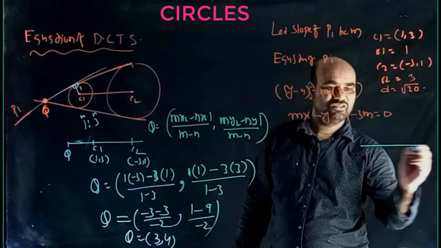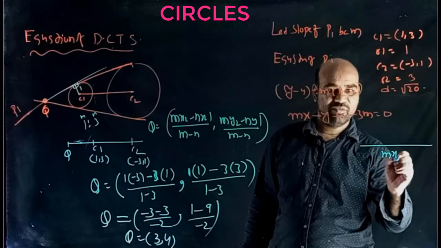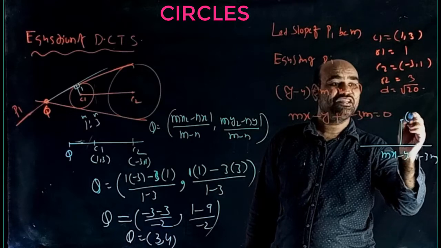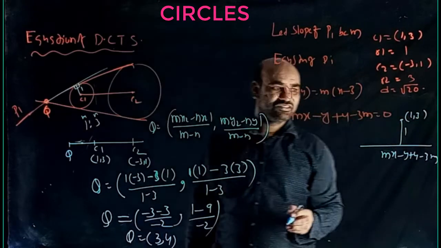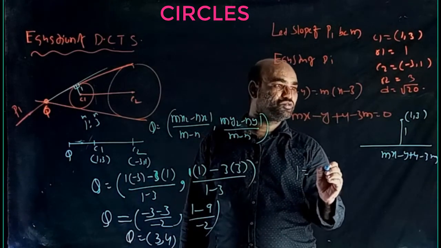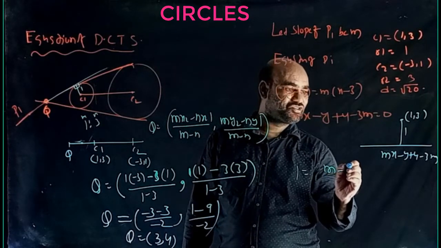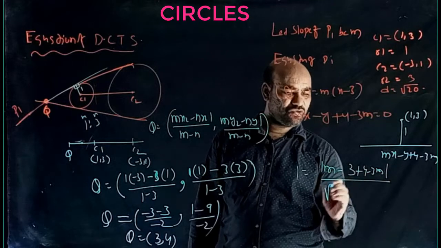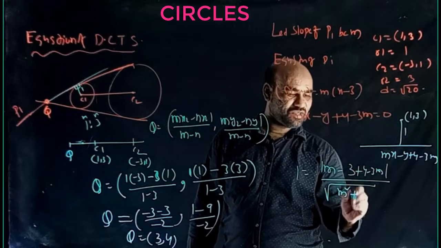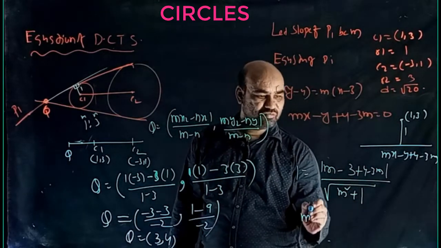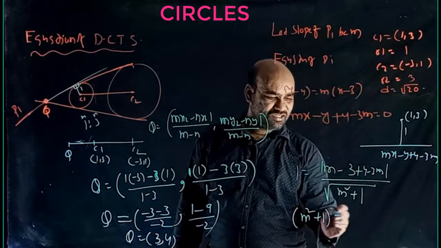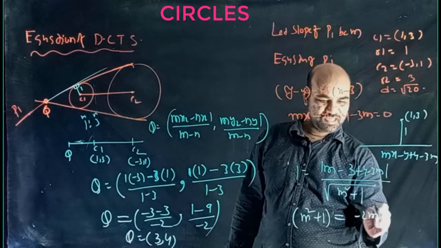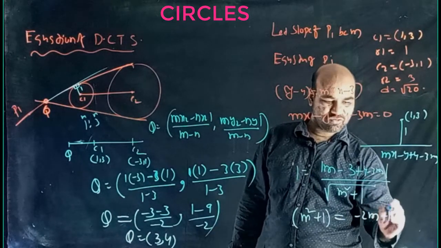Okay, so this is the line mx minus y plus 4 minus 3m. The point is 1 comma 3, and the distance is 1. So directly, 1 equals |m minus 3 plus 4 minus 3m| by root over m square plus 1, or m square plus 1 equals (minus 2m plus 1) whole square.